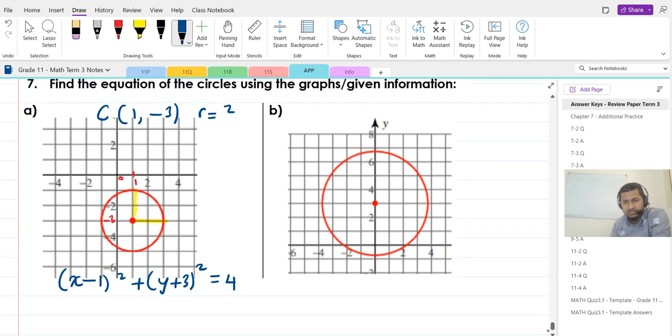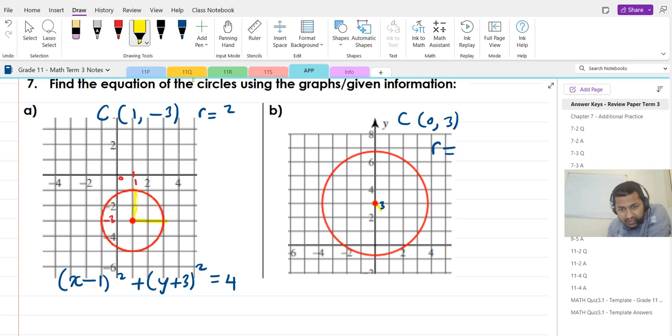Let's look at the next one. The center is (0, 3). What's the radius? We have a problem with the radius, because it's not passing through the right points. Where's the radius?